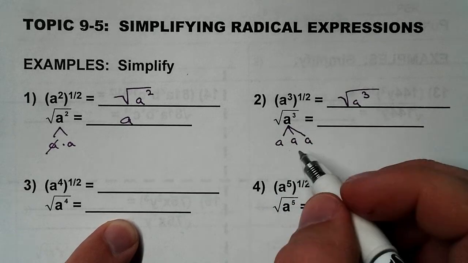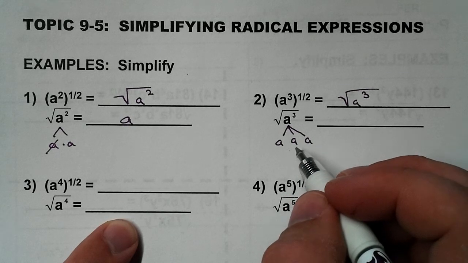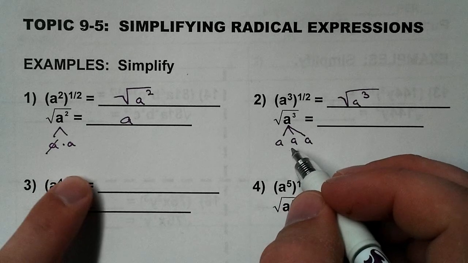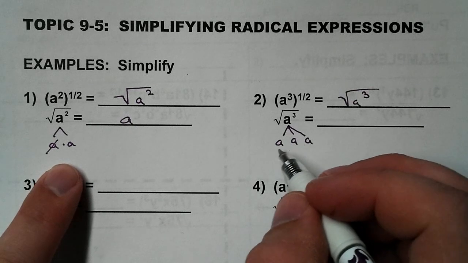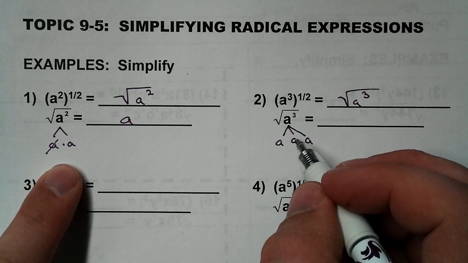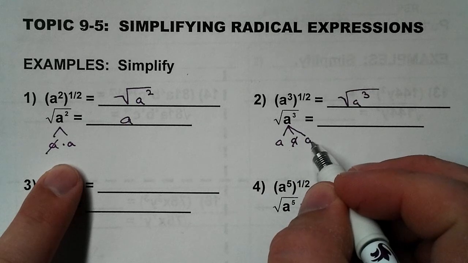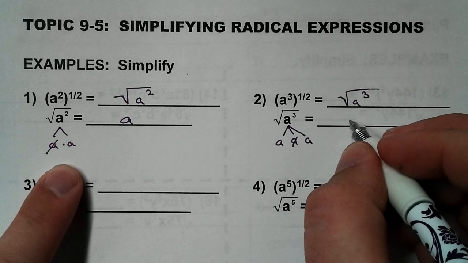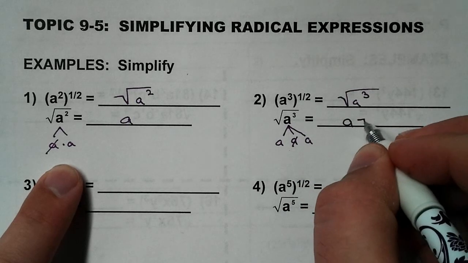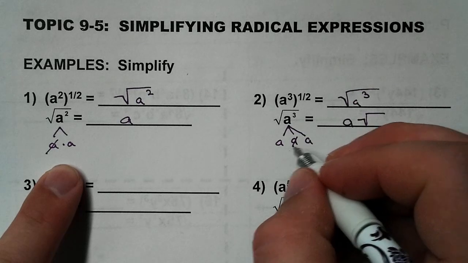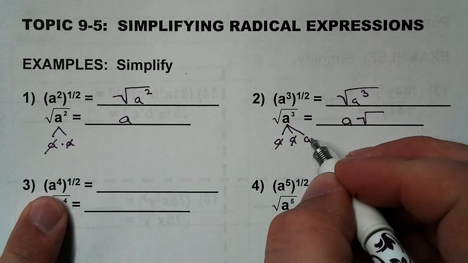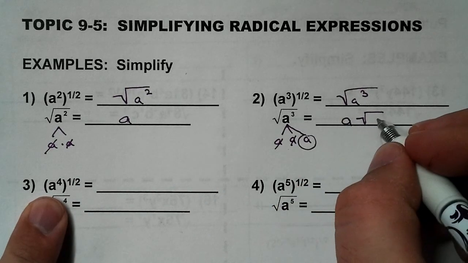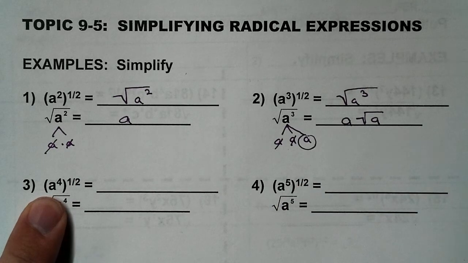Well, when we take the square root, we can take out 2 of the same digit that multiply by itself, right? So here's 2. A times a would be a squared, but we would need 1 more left over. So we would get a square root, and we still have 1 left over, so a would still be on the inside.